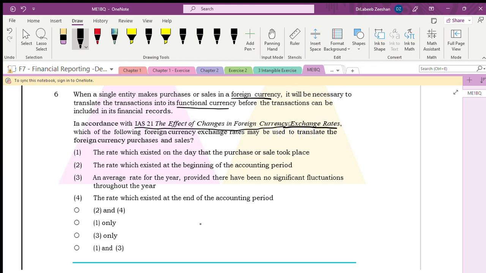Which of the following foreign currency rates may be used to translate? Foreign currency rates always change, and there are conditions on which rate has to be used whenever we make the translation. The rate which exists on the day the purchase or sale took place?